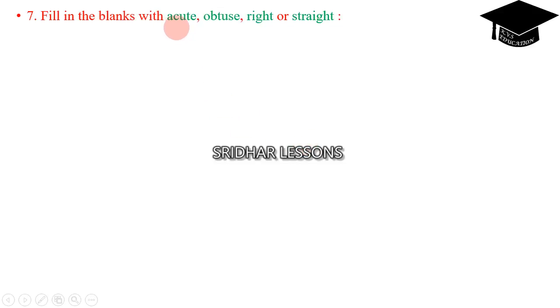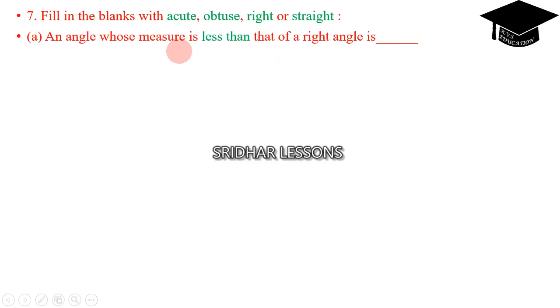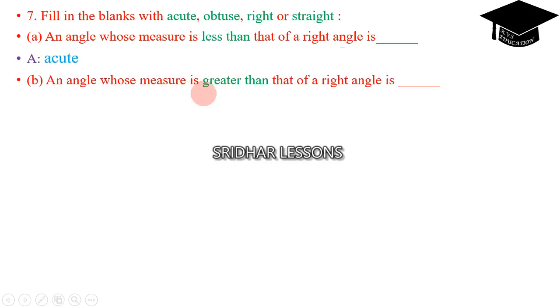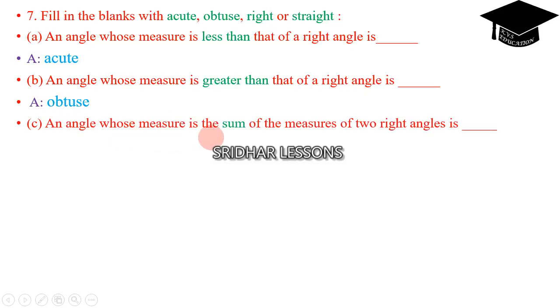Fill in the blanks with acute, obtuse, right or straight angles. An angle whose measure is less than that of a right angle is acute. An angle whose measure is greater than that of a right angle is obtuse. An angle whose measure is the sum of the measures of two right angles is a straight angle.